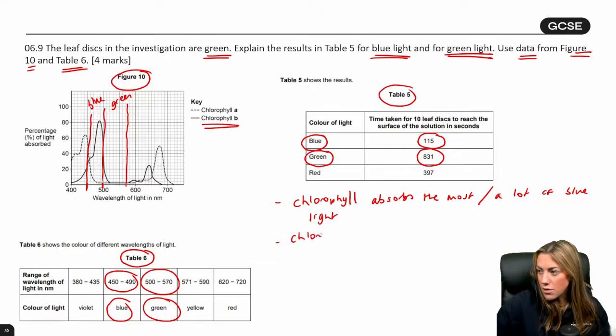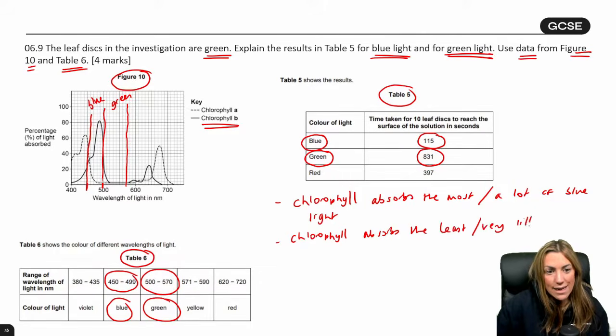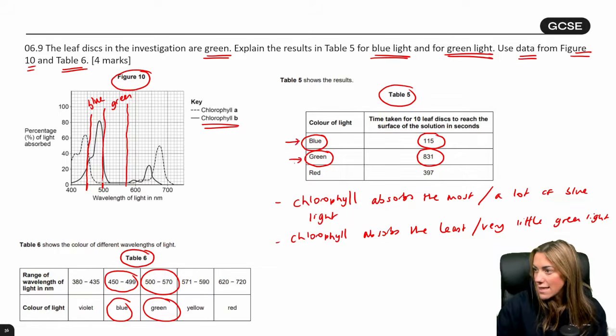And then we could also say chlorophyll absorbs the least or very little green light. Because look down here, very, very little is being absorbed. Okay, that's nice and easy. Now we need to link that to the data in table 5.